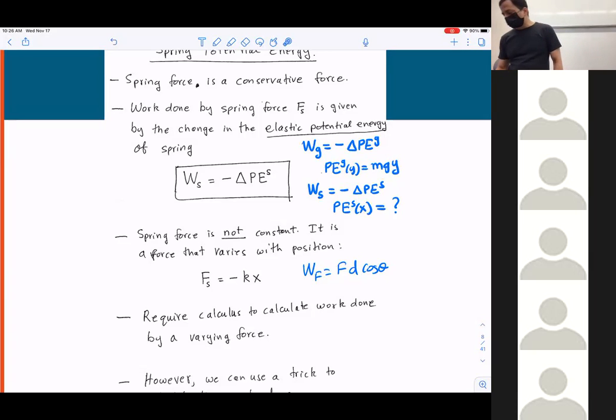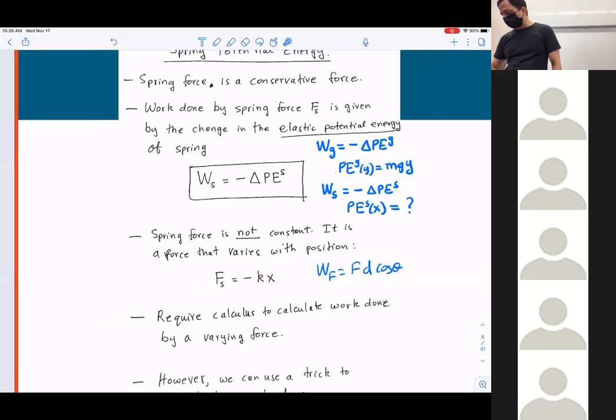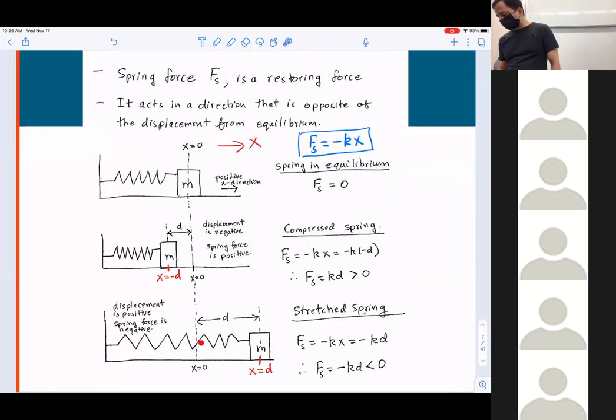But you can see that there's a problem if I try to do this with the spring force, because what if I displace the spring by some amount d, I don't know what value to put for this spring force here, because as I'm stretching the spring, at every point the force is different until you arrive at this final position. Does that make sense?